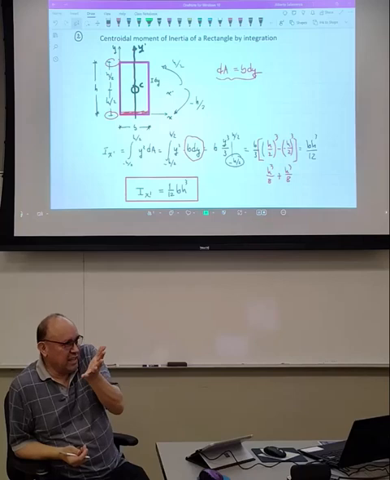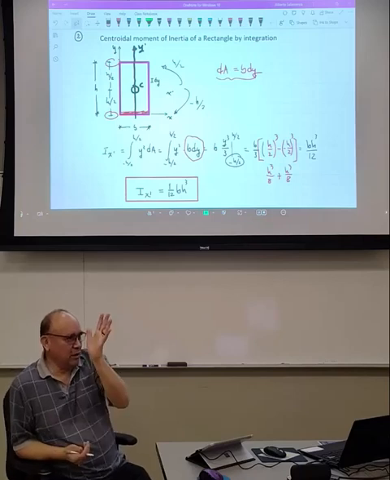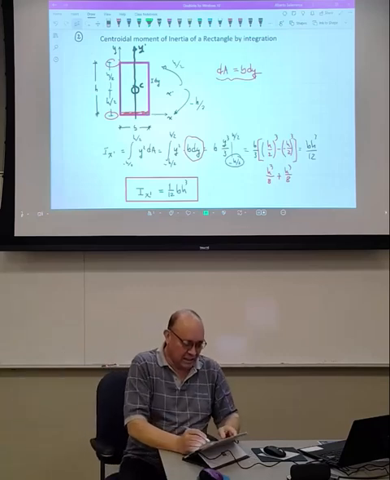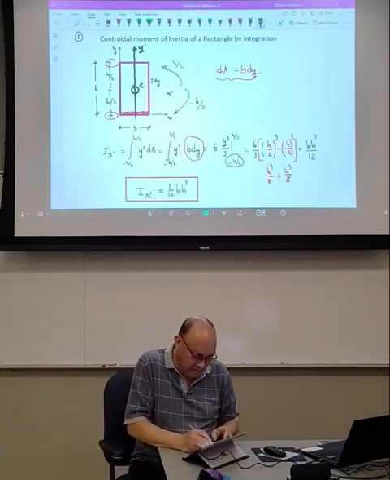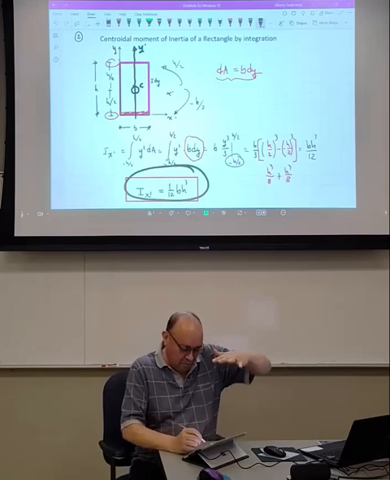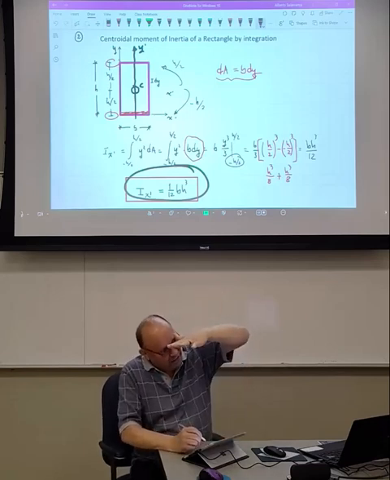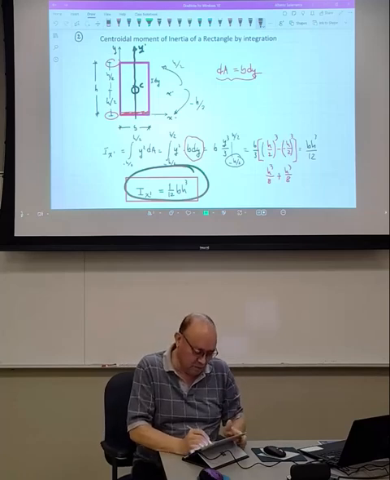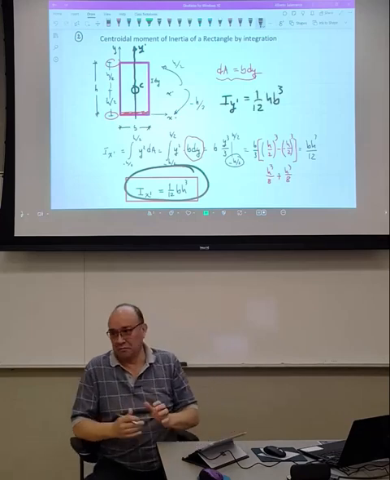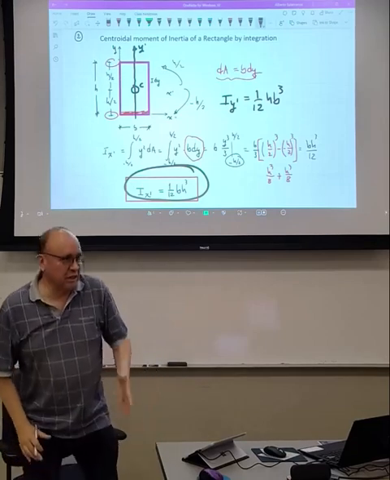It's basically the same problem that we did, but we rotated it, right? So in this case, the equation will be this same equation, but instead of b it will be h and h will be b. So the moment of inertia with respect to y prime will be 1/12 h b cubed, right?